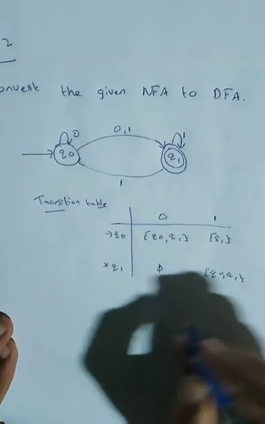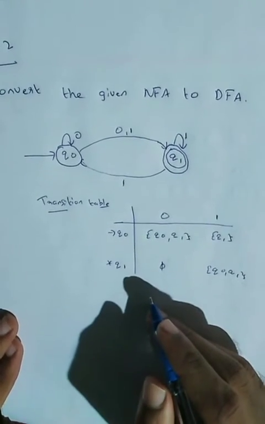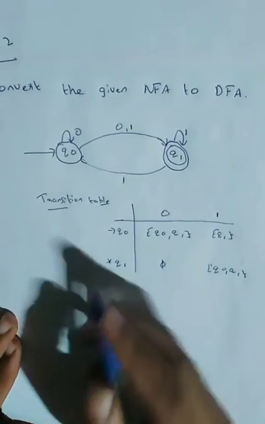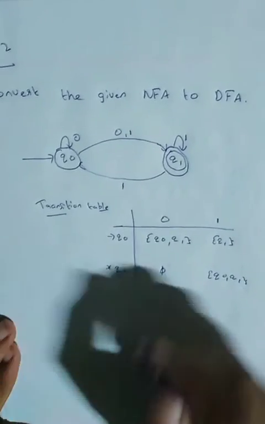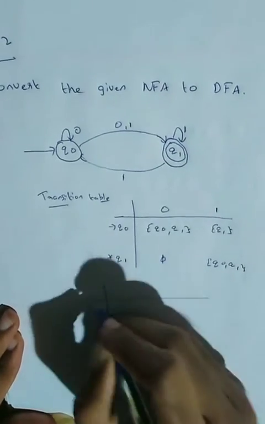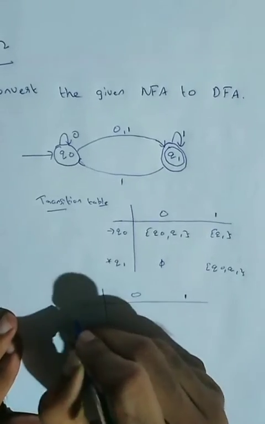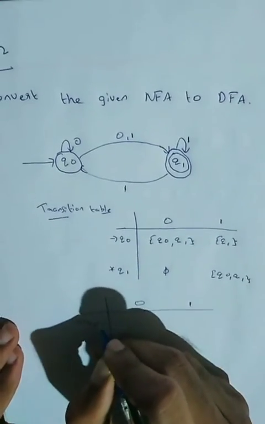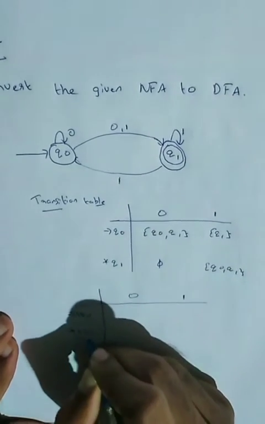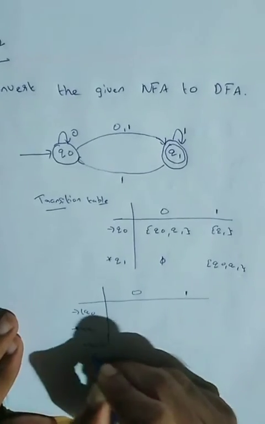Now we have to go through the same process which was explained in the first example. With the same process we have to draw the transition table for the DFA, with 0 comma 1 as the inputs, and q0, q1 and q0 comma q1.